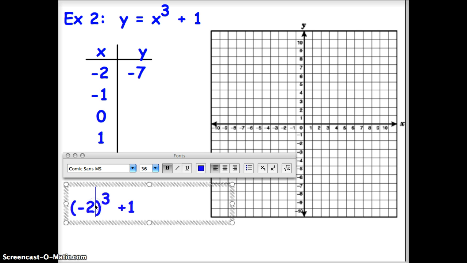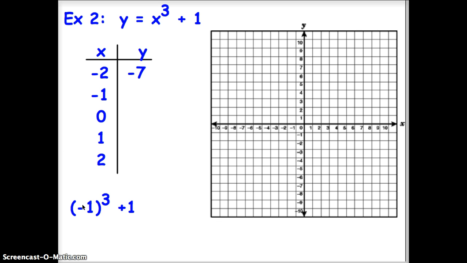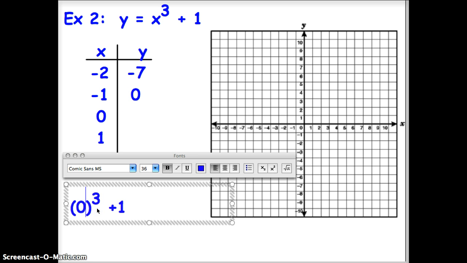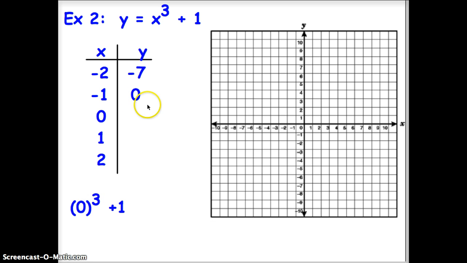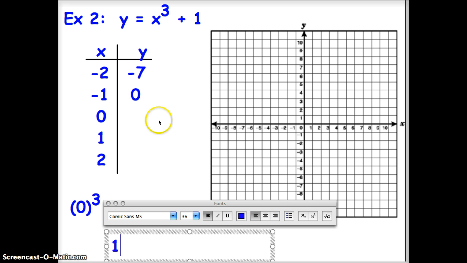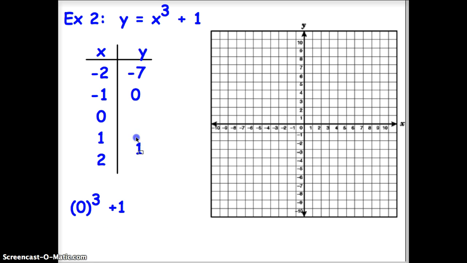If I substitute in a negative 1, negative 1 times negative 1 is positive 1, times another negative 1 is going to be a negative 1. That's negative 1 times itself 3 times is negative 1. Negative 1 plus 1 is 0. If I put in a 0, well, 0 times itself 3 times is still 0. 0 plus 1 is 1.